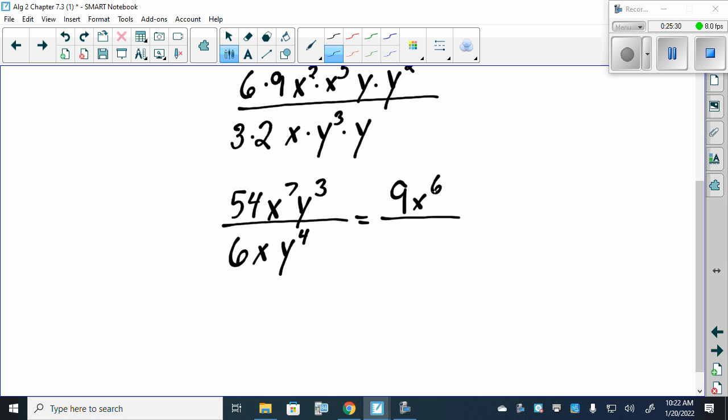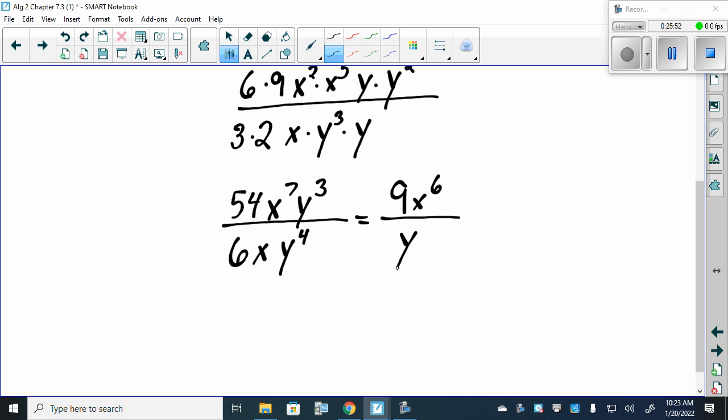Now the last one we have is y to the 3rd over y to the 4th. Well, 3 minus 4 is what? Negative 1. Another way that I look at this here is I subtract the exponents. So I don't always do 3 minus 4.